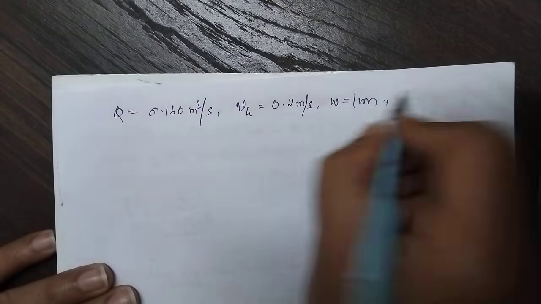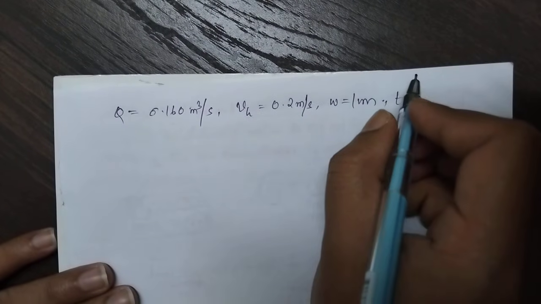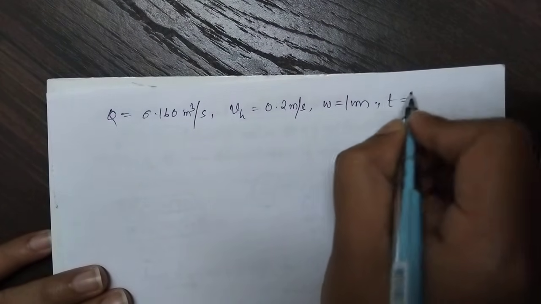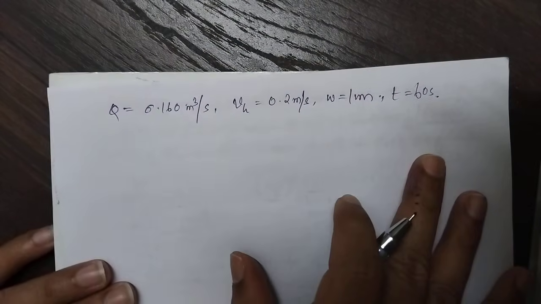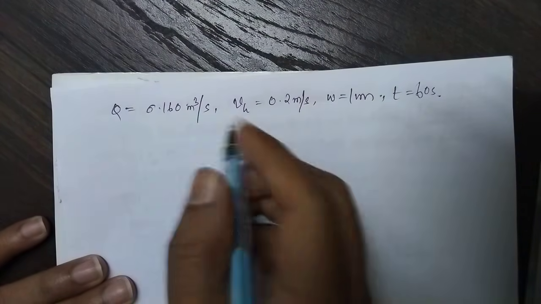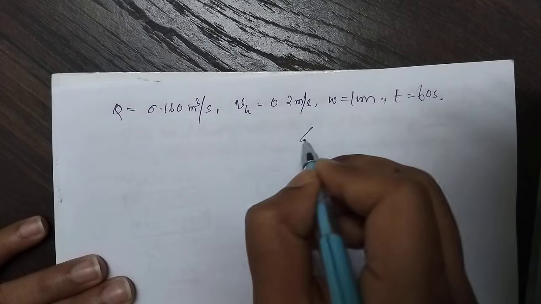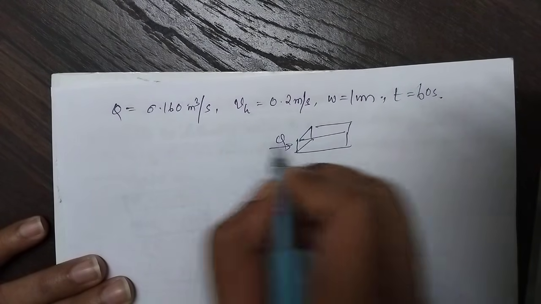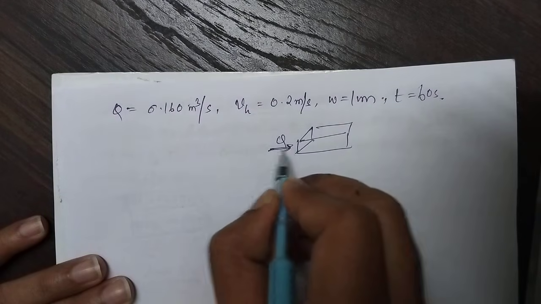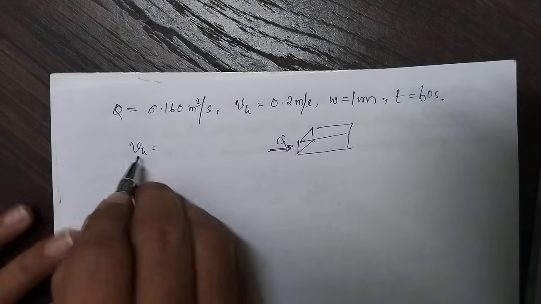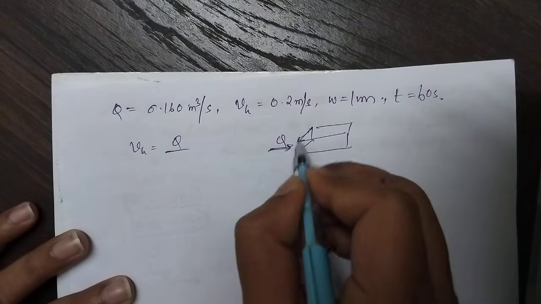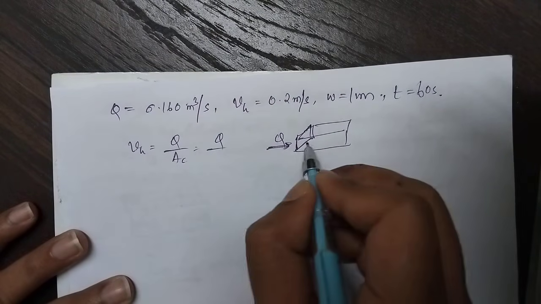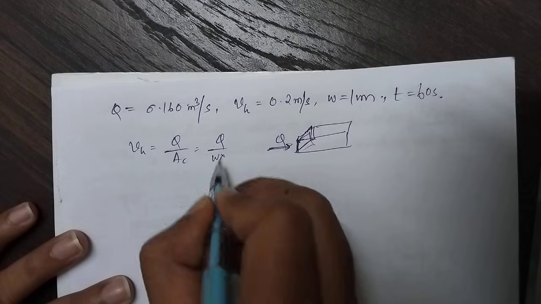And detention time is 60 seconds, 1 minute means 60 seconds. Since we know flow rate Q and horizontal velocity V, we know that horizontal velocity V is Q by cross section area, that is Q by width into height.